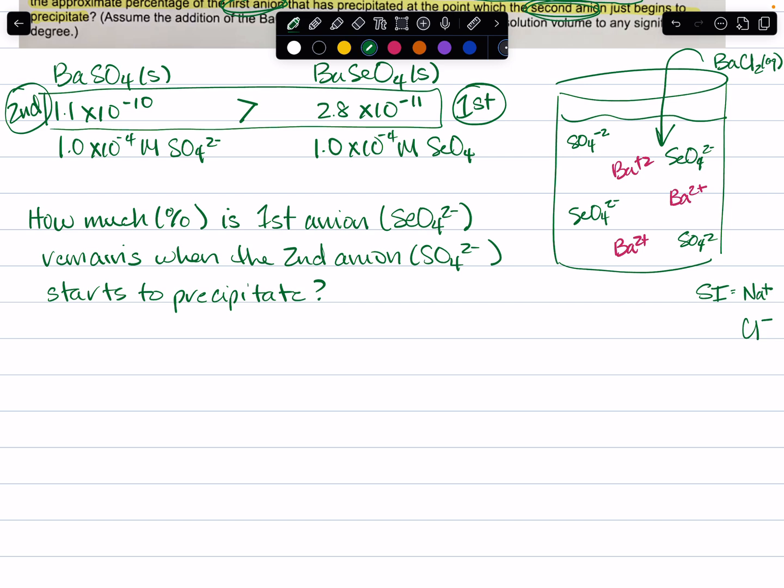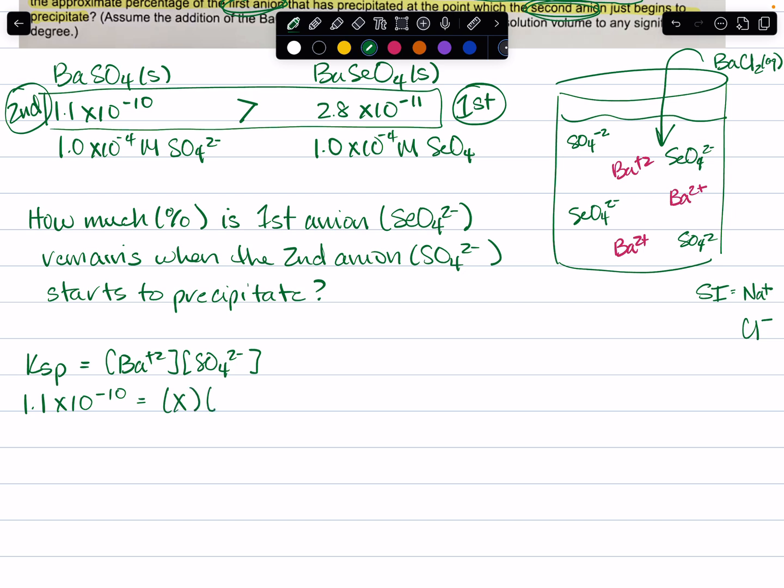All right, we know that barium sulfate precipitates at a particular concentration, so let's see what that value is first. We're going to take the KSP of barium sulfate, so barium and sulfate. That KSP value is 1.1 times 10 to the negative 10th, and that's going to be equal to the amount of barium, which we do not know, times the amount of sulfate that's present.